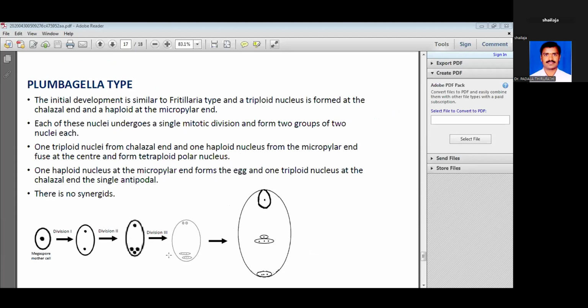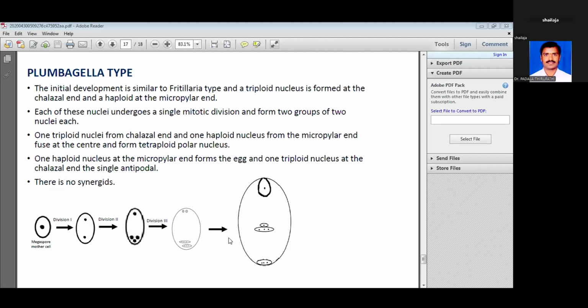So what happened? Only two haploids and two triploids from the mitosis. So in this meiosis 1 and 2, a triploid nucleus is formed, four nucleate. For this four nucleate, one comes to the center, and one triploid antipodal is there.